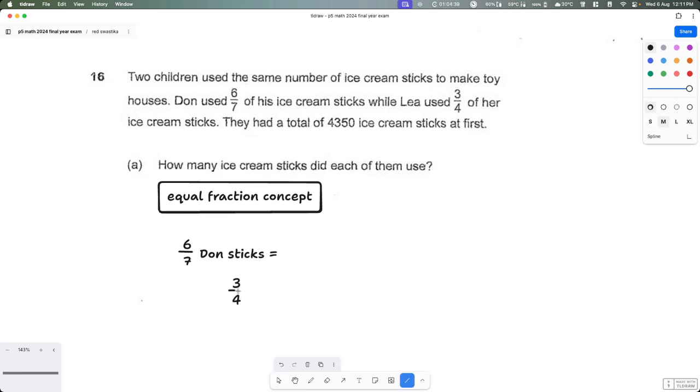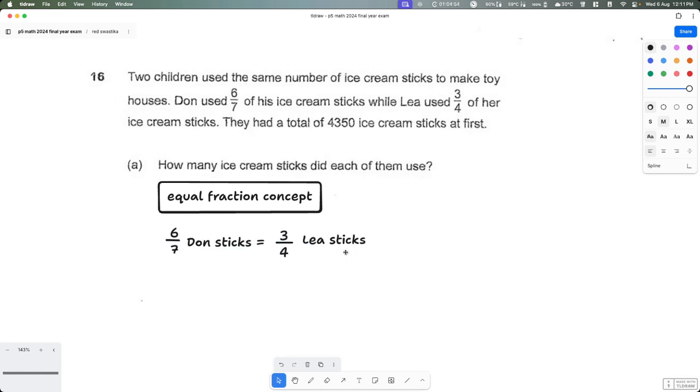Since this is the same, what we need to do is make the numerator the same.